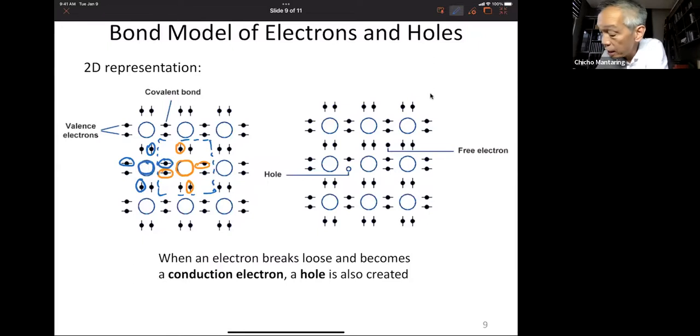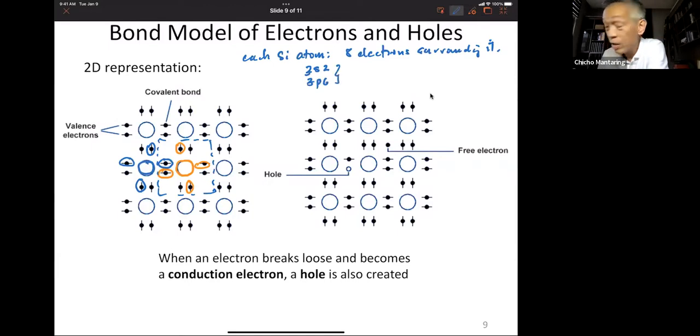This silicon atom actually has 8 electrons around it. So each silicon atom has 8 electrons surrounding it. That corresponds to 2s2, 3s2 and 3p6.